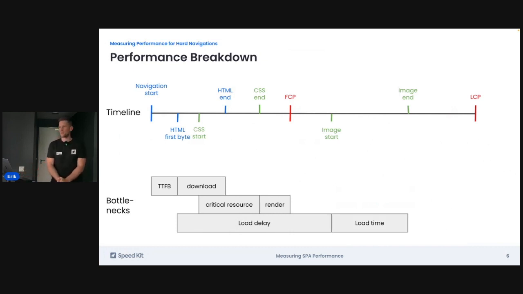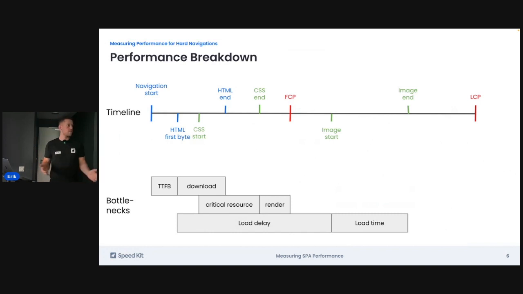Then, of course, we also have load time. You can see, for example, this will be long if your image is not optimized that well, if it just has too many bytes. But this can also be slow if a lot of network requests are happening at the same time, and you have network congestion.